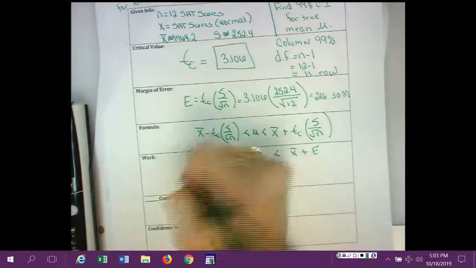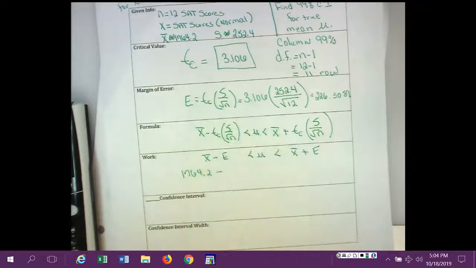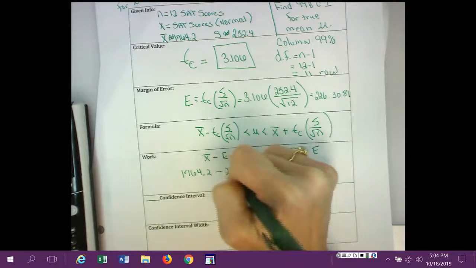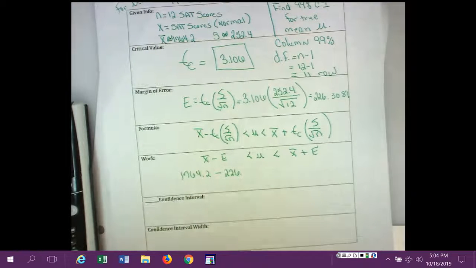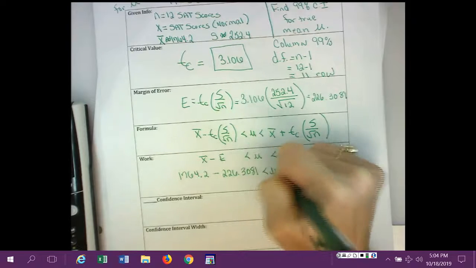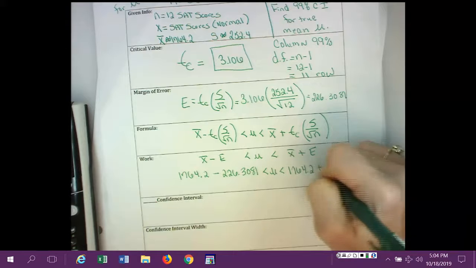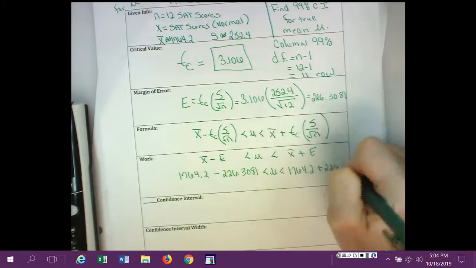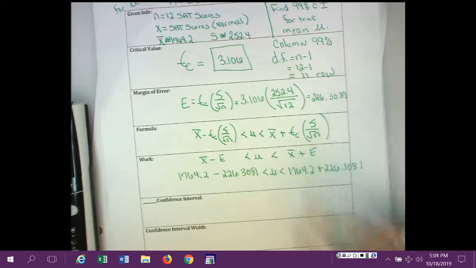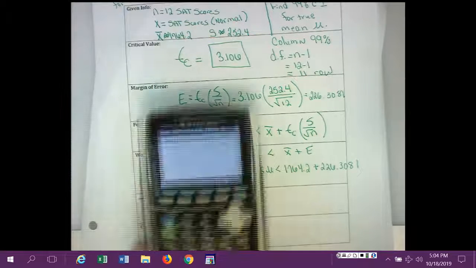Therefore, 1764.2 minus e, which is 226.3081, less than mu, less than 1764.2 plus e, which is 226.3081. So I subtracted e and then I added e.